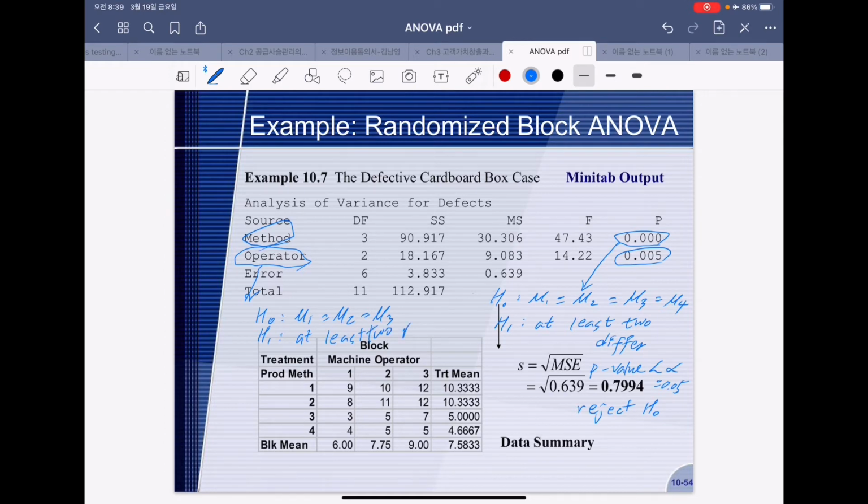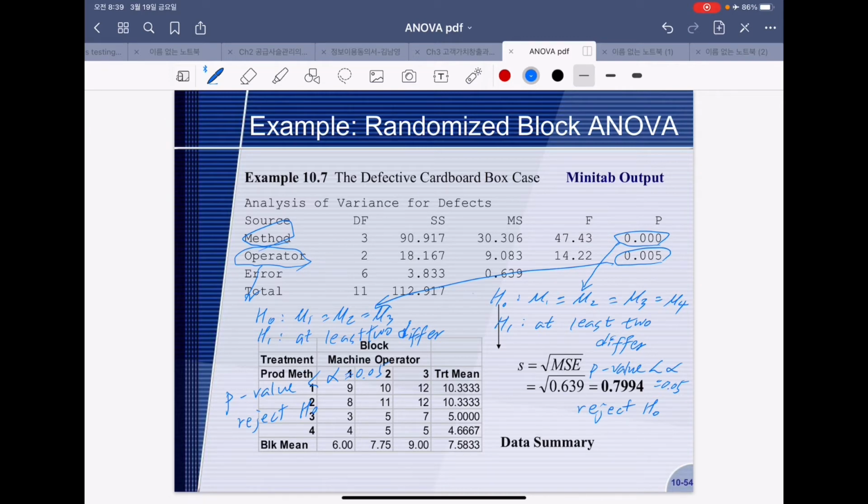At least two differ, right? In this case, the p-value is 0.005. So the p-value is less than alpha, which is 0.05, so in this case you are going to reject the null hypothesis.